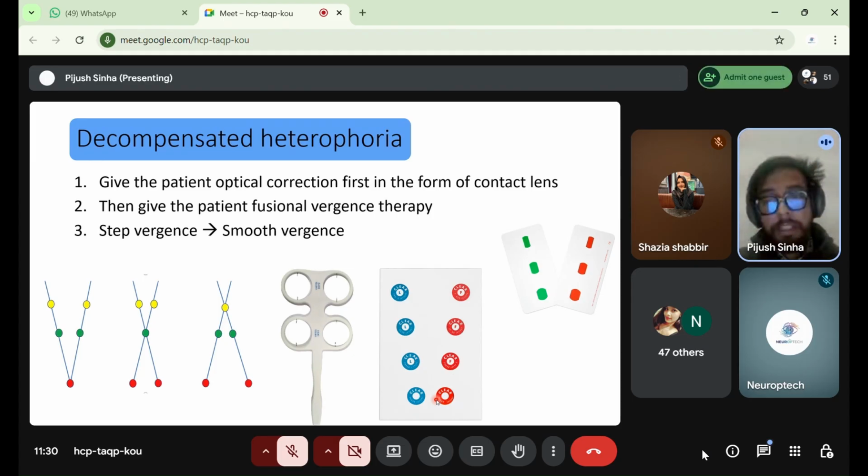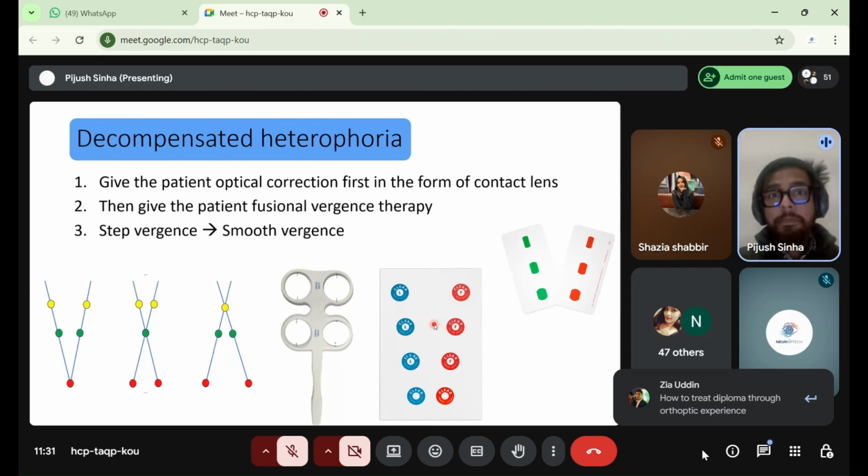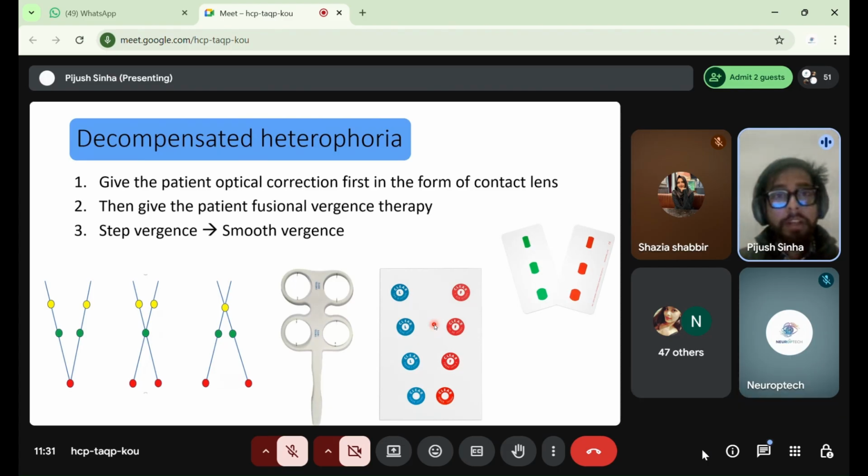Most of the patients I see have difficulty to fuse these two circles together, and I need to continue this therapy for 2 weeks or 3 weeks, then go for the third step. So it needs proper observation, so it is better to call the patient to the office to give the therapy, not giving this kit to take home and telling the patient to do it. The patient does not do it properly. That's what I have seen.